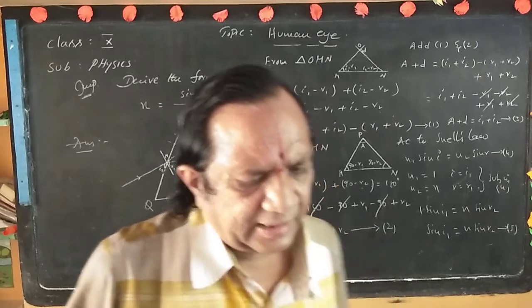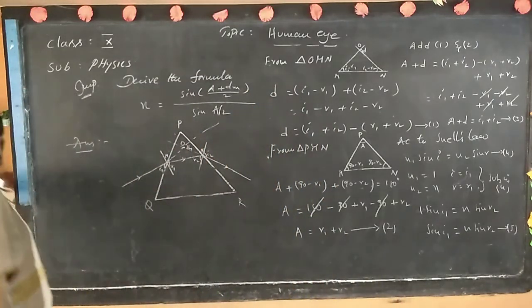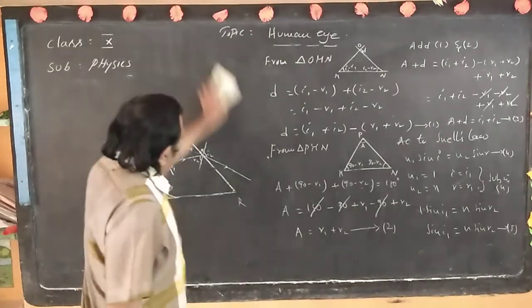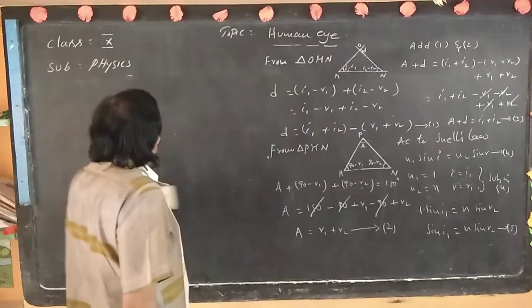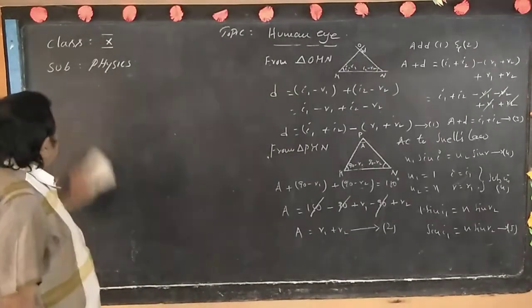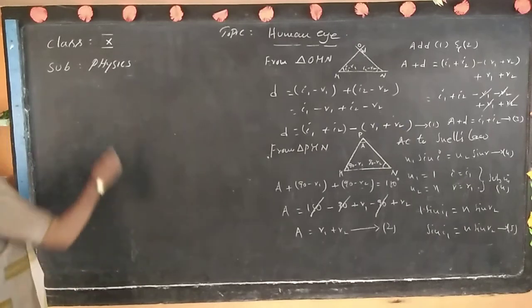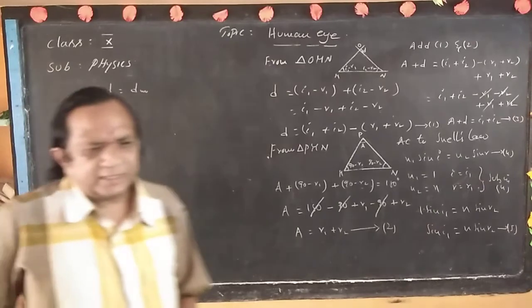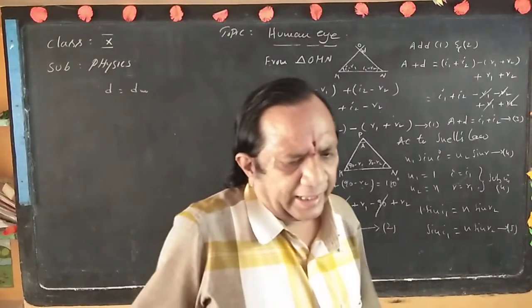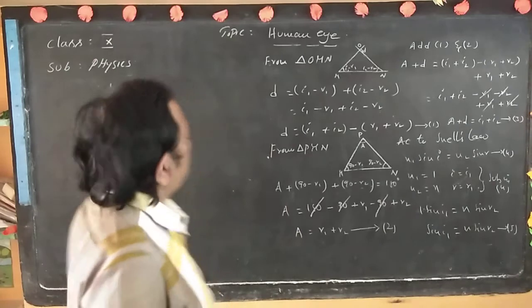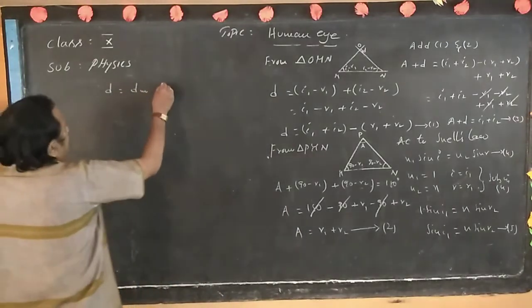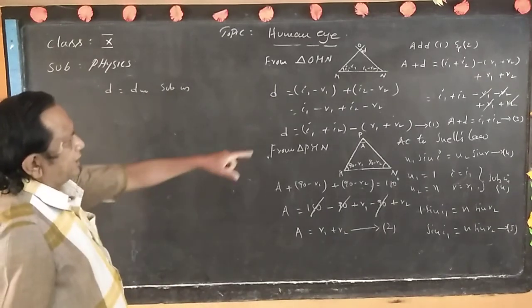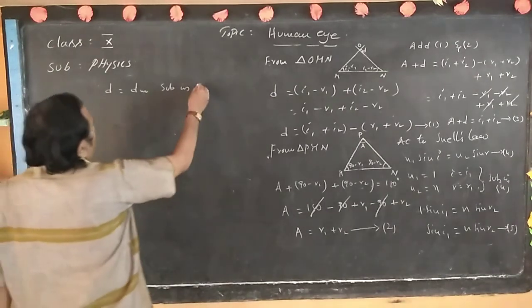Then next, in this case, the angle of deviation is equal to the angle of minimum deviation. That means D is taken as dm. Substitute this in equation 3.